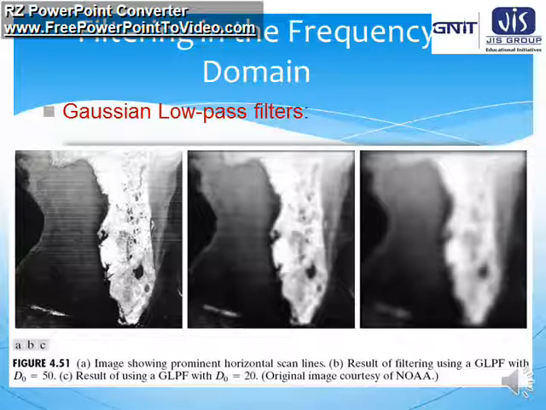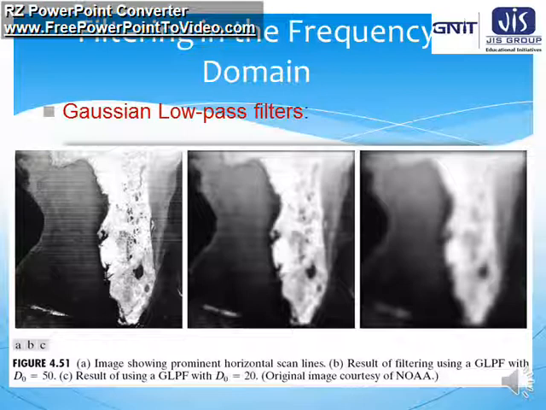Now we can see that the middle and right side images have very few horizontal scan lines, but they are getting blurred. The quality of the middle image is far better. We have to keep in mind that the quality must not be degraded. So here we can see the horizontal scan lines can be removed through this Gaussian low pass filter.